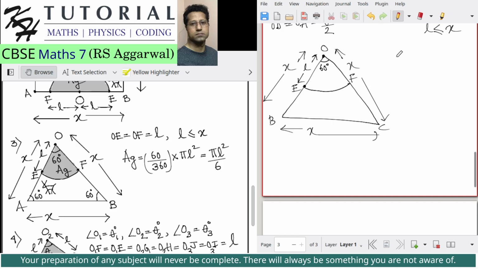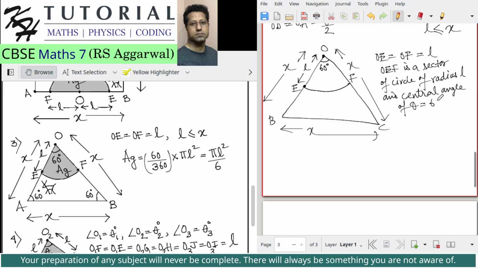We will have OE equal to OF equal to the length of the rope. OEF is a sector of a circle of radius L and a central angle, that is the angle it makes at the center of the circle, theta equals 60 degrees.